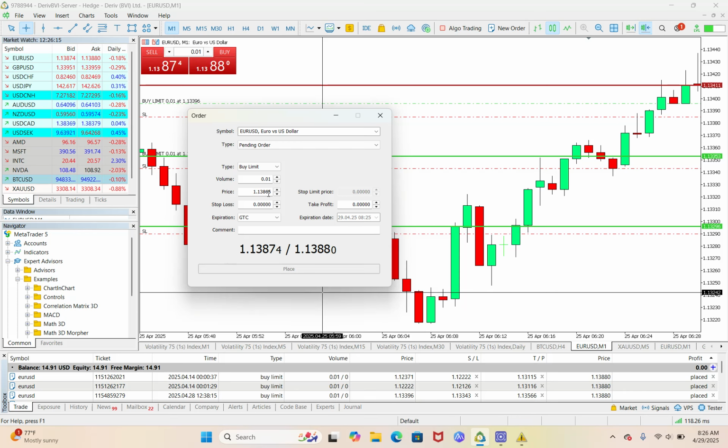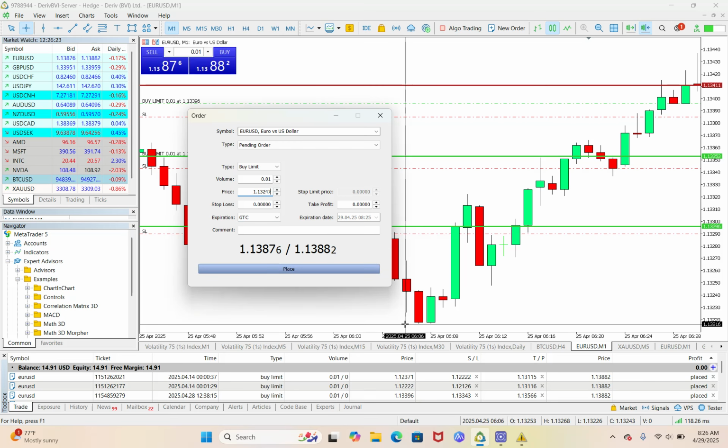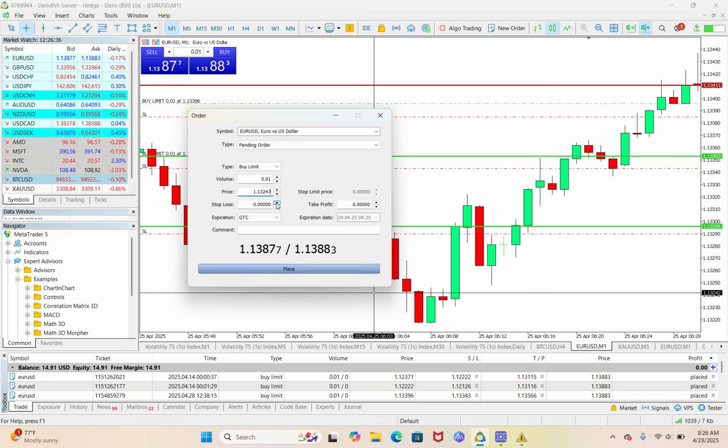That is our entry price. Stop loss 10 bits below, which is 13,206. Stop loss 13,206.